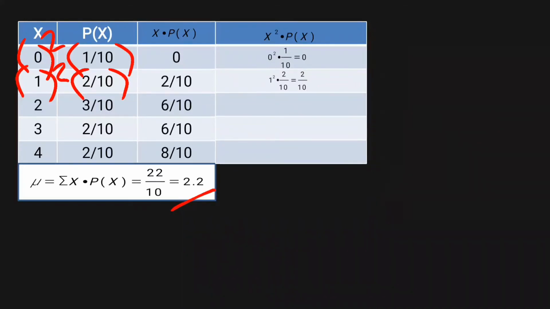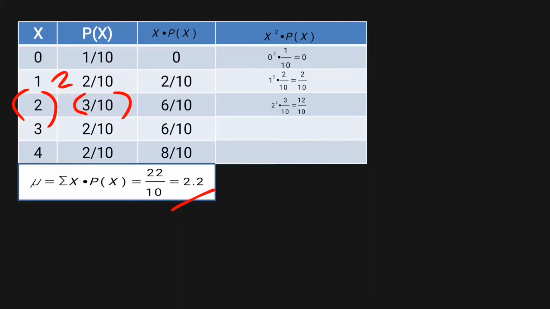Okay, so next we have 2 squared times 3 over 10. So the answer will be 2 squared, that is 4, times 3 over 10 is 12 over 10.